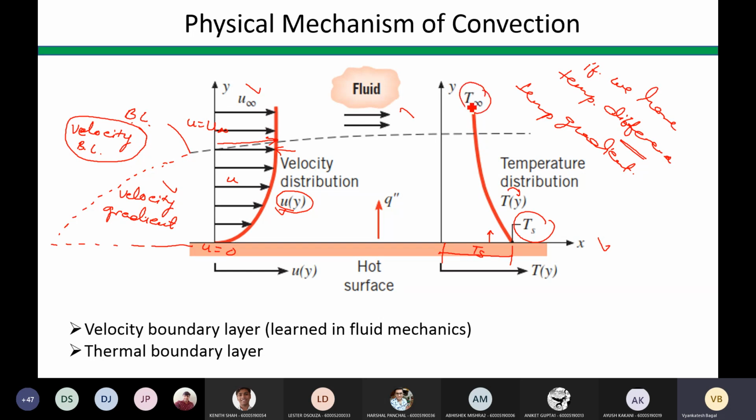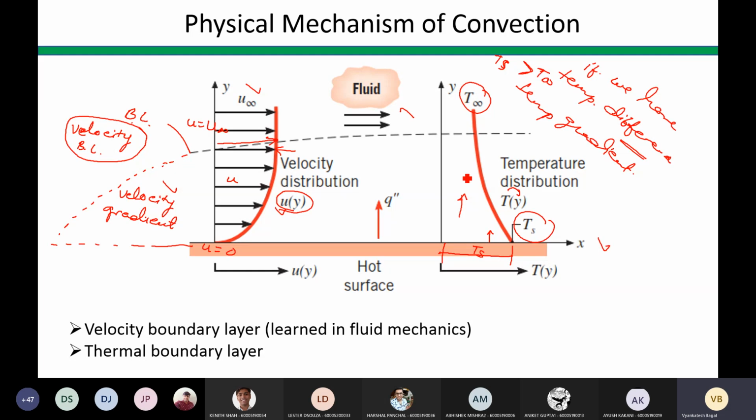T infinity is the temperature of the fluid, and Ts is the temperature of the surface. Here Ts is greater than T infinity.